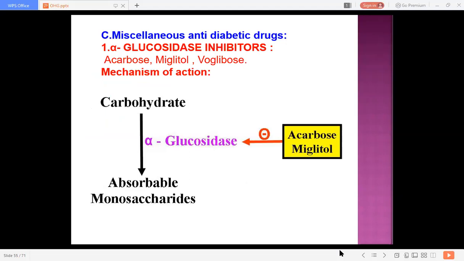Coming to the miscellaneous anti-diabetic drugs. In this we have alpha-glucosidase inhibitors, acarbose, voglibose, and meglitinides.